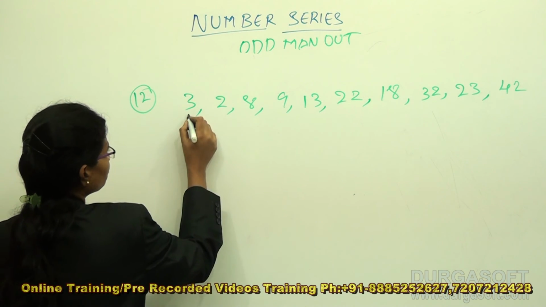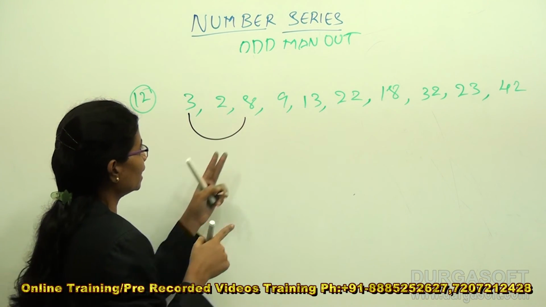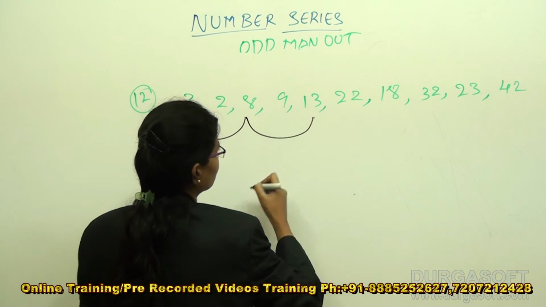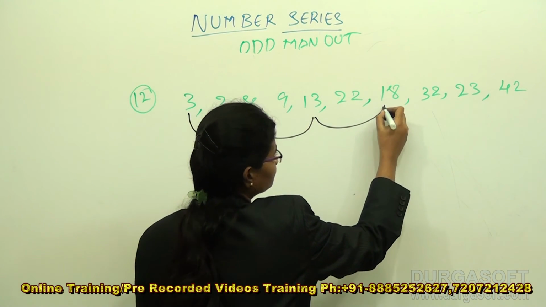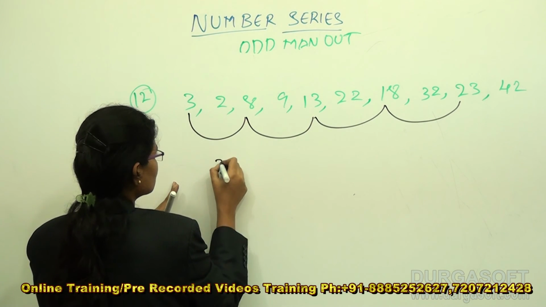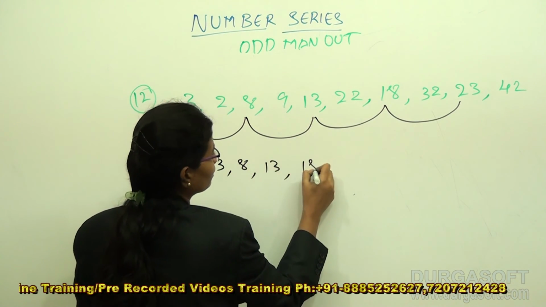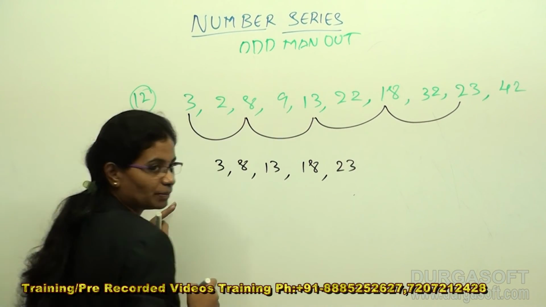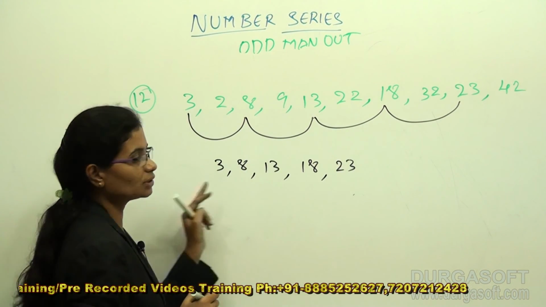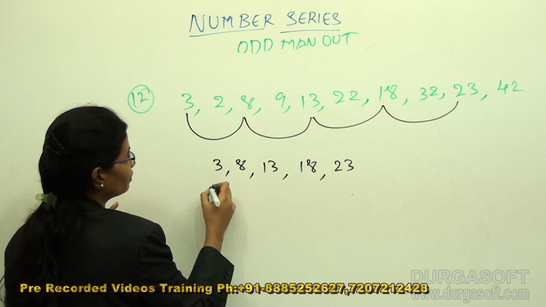For example, there may be a logic between 3 and 8, 8 and 13, 13 and 18, 18 and 23. So I got one series: 3, 8, 13, 18 and 23. There may be one logic in this series, and a different logic in the other series.